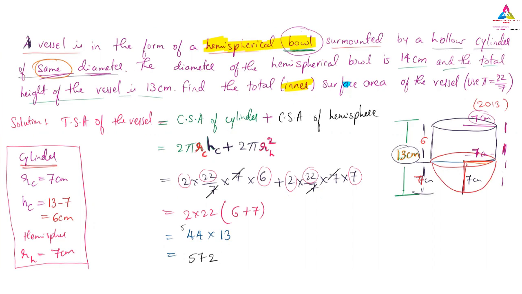We have everything in centimeter, and since it is not volume, sorry, but total surface area, it will become centimeter square. So you can write down total surface area of the vessel is equal to 572 centimeter square. Anyone have a doubt here?